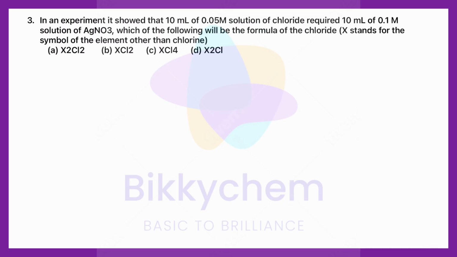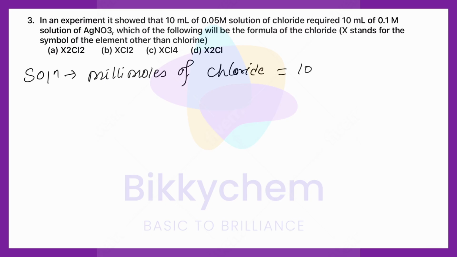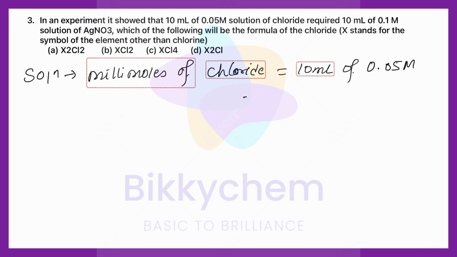Dear student, let's see this question. Here we need to find out the exact formula of chloride, and the options are given here. So let us see first the millimoles of chloride, which is 10 ml of 0.05 M, which means 10 into 0.05, so it became 0.5.